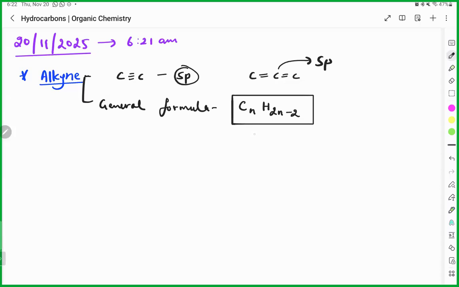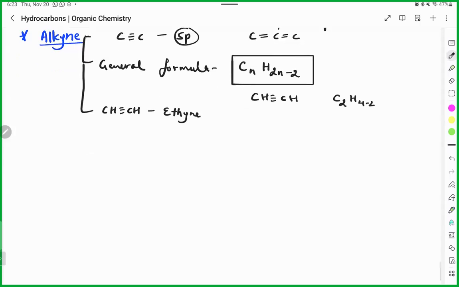Example, if you have two carbon, then CH triple bond CH: carbon 2, hydrogen 2n is 4, minus 2. Correct. This molecule CH triple bond CH, which is ethyne, is also known as Barinder.